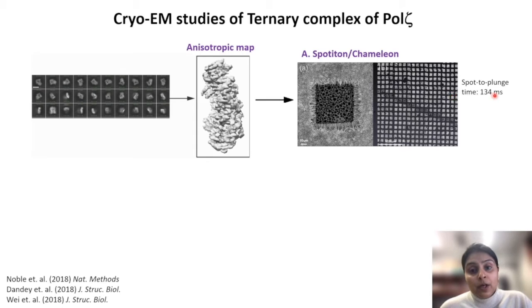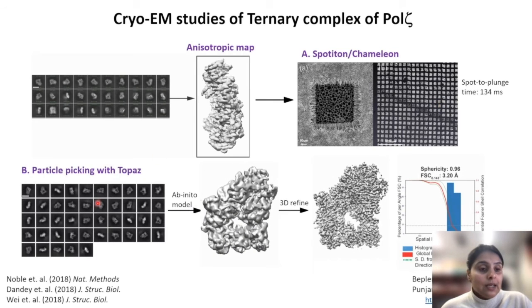So the spot to plunge time that worked for us was around 130 milliseconds, and we collected the data on the chameleon grids and we processed the data using an AI-based particle picker called Topaz, and using both approaches we were able to get enough side views, which we were missing before, to get a successful reconstruction. The reconstruction we got at this time was at a much higher resolution, about 3 angstroms.